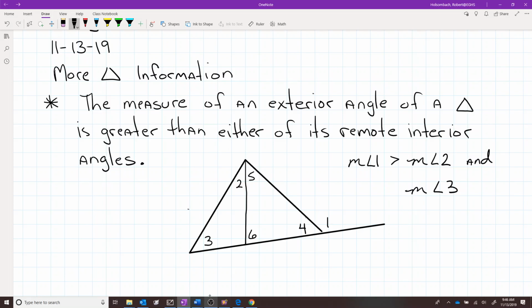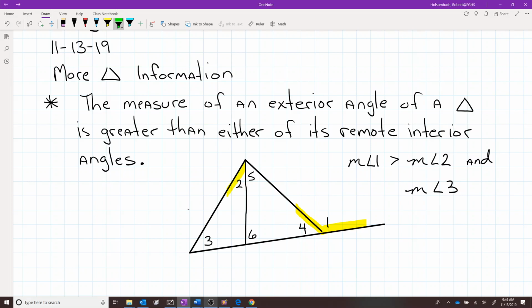So keep that in mind when you're doing your practice today, because that's what they're doing, is they're taking a very basic looking problem and then they're just splitting angles up and adding numbers in there. But don't forget or don't lose sight of the fact that this is still an exterior angle and it's still greater than this one.